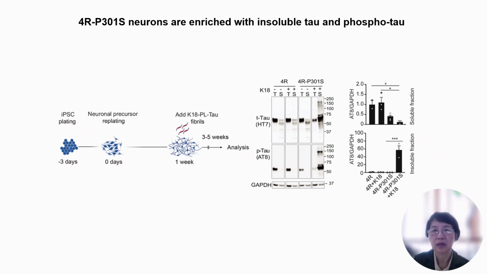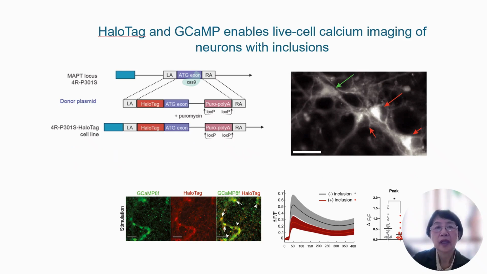4R P301S neurons. To track live neurons with or without tau inclusions, we generated a new iPSC line by inserting the HaloTag upstream of the MAPT locus in the 4R P301S iPSC line. The HaloTag can be fluorescently labeled upon binding to a ligand containing a fluorophore, enabling live cell imaging of endogenous tau.